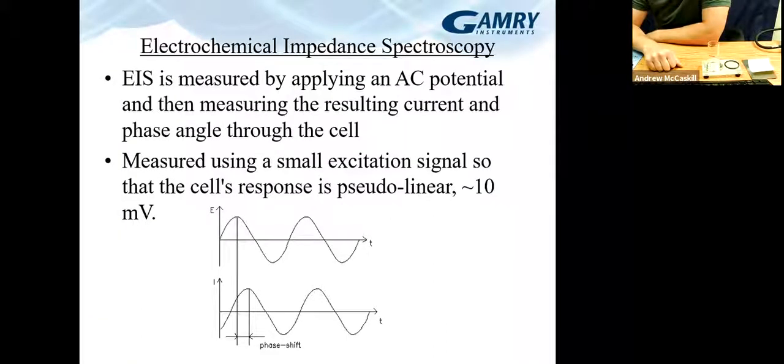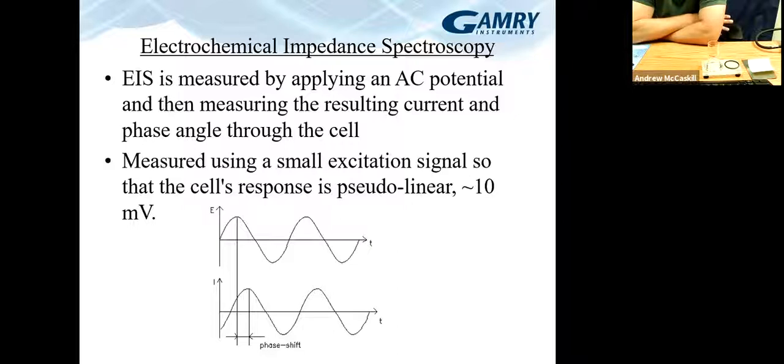The other technique, EIS, what we do there is apply a small perturbation, an AC signal relative again to the OCP, and we're going to then monitor the resulting current and the phase angle through the cell. We're just going to apply, again, a very small signal relative to OCP, about 10 millivolts, so that the response is pseudo-linear.